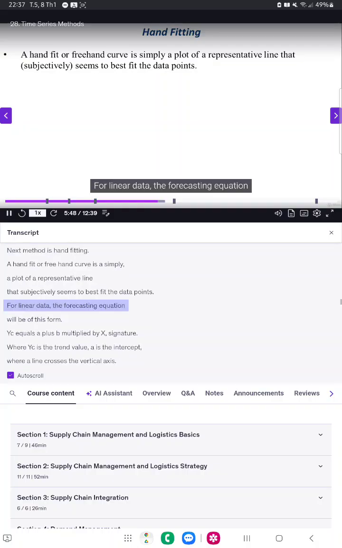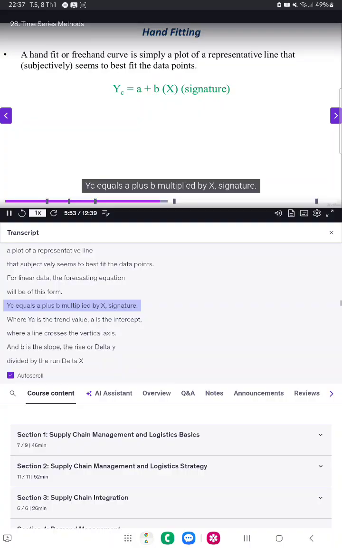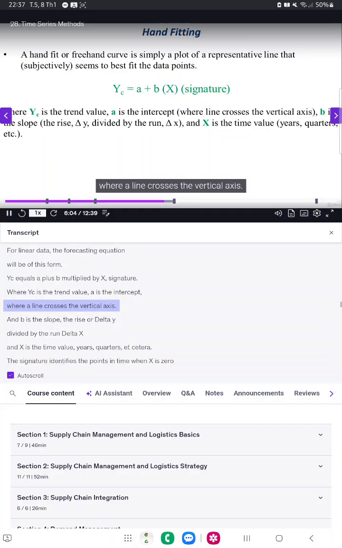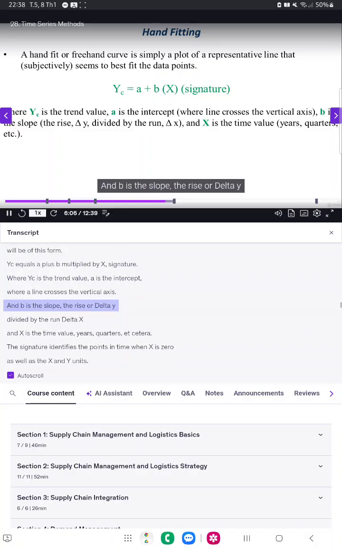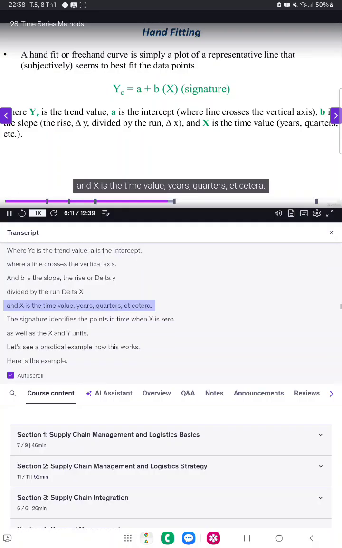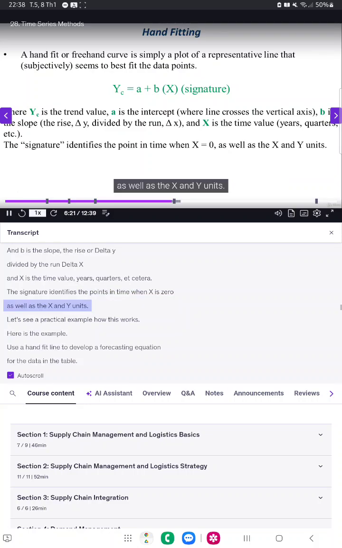For linear data, the forecasting equation will be of this form: YC equals A plus B multiplied by X signature, where YC is the trend value, A is the intercept, where a line crosses the vertical axis, and B is the slope, the rise, or delta Y divided by the run delta X, and X is the time value, years, quarters, etc. The signature identifies the points in time when X is 0, as well as the X and Y units.